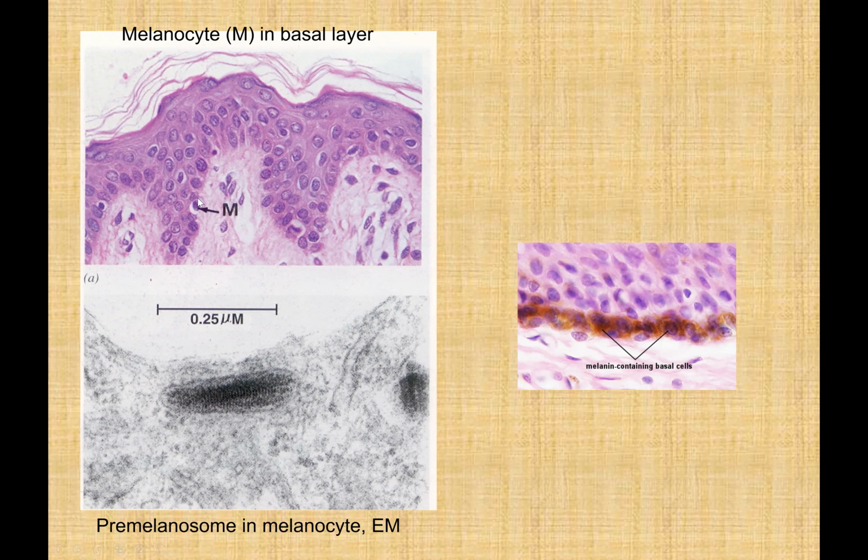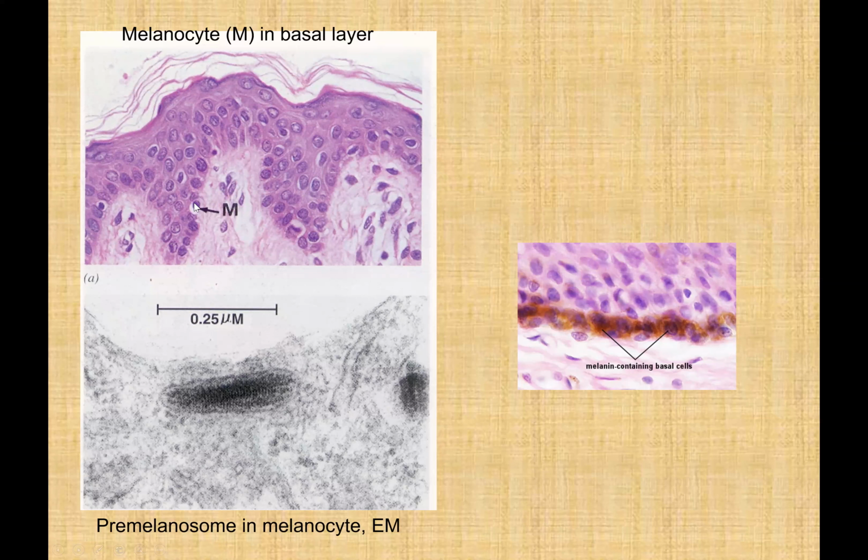So this is a melanocyte within the stratum basale. This is another one also here. So this is how the stratum basale goes. This is the dermal papillae, and this is the rete ridges. So it goes that way all the way.